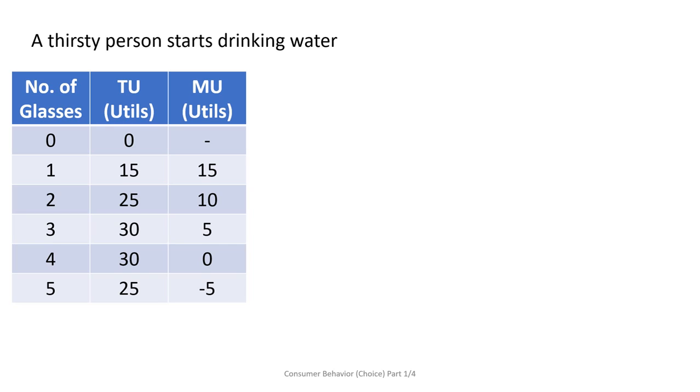On the fourth glass, his thirst was no longer there. If you force him or her to drink a fifth glass, his total utility will not increase. In fact, because the consumer is feeling uncomfortable with it, the total utility will fall.